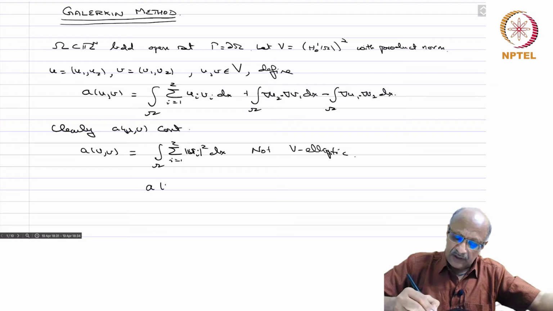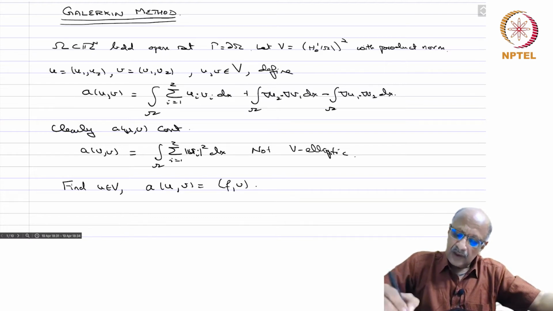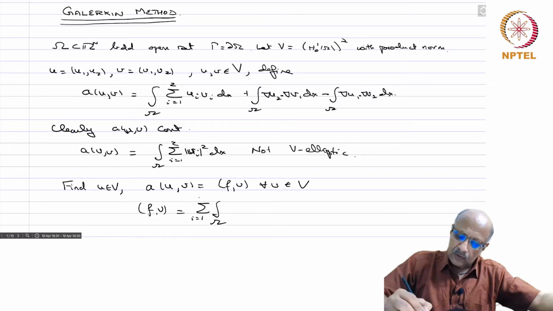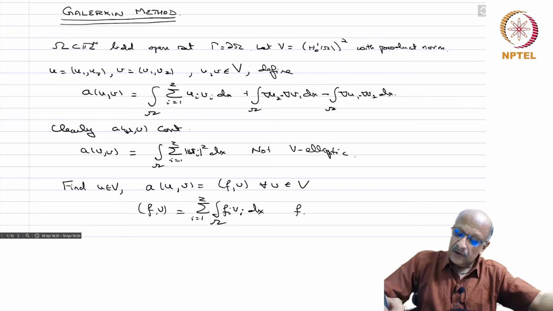Nevertheless we want to find u in V such that a(u,v) equals F(v) for every v in V, where F(v) equals the sum of the integral on omega, i equals 1 to 2, of Fi vi dx, with F equals (F1, F2) in L2 of omega.